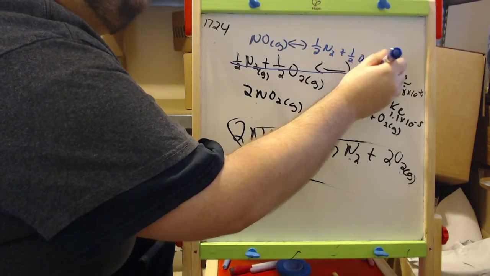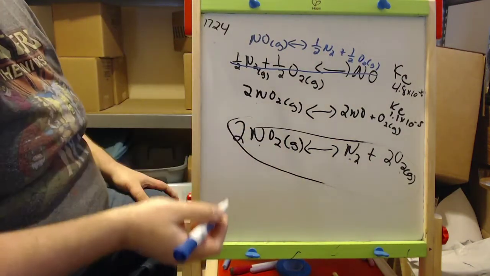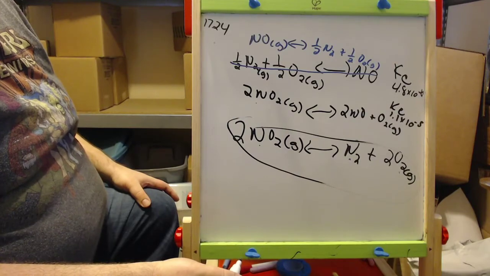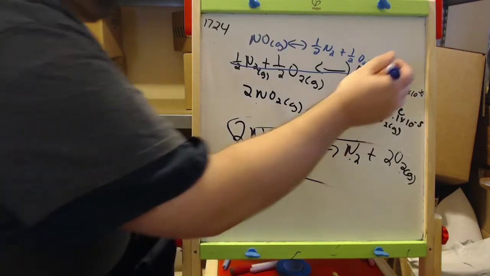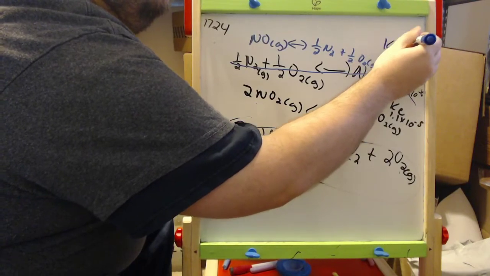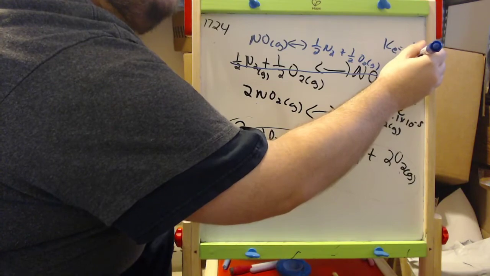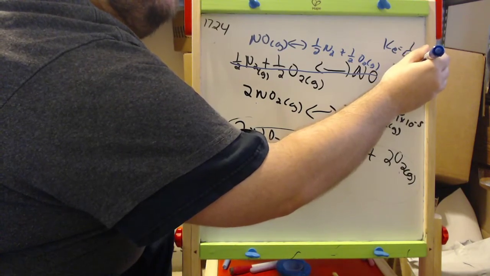Now, if we flip it, the Kc becomes the reciprocal. So the new Kc becomes 1 over the 4.8 times 10 to the minus 10th.